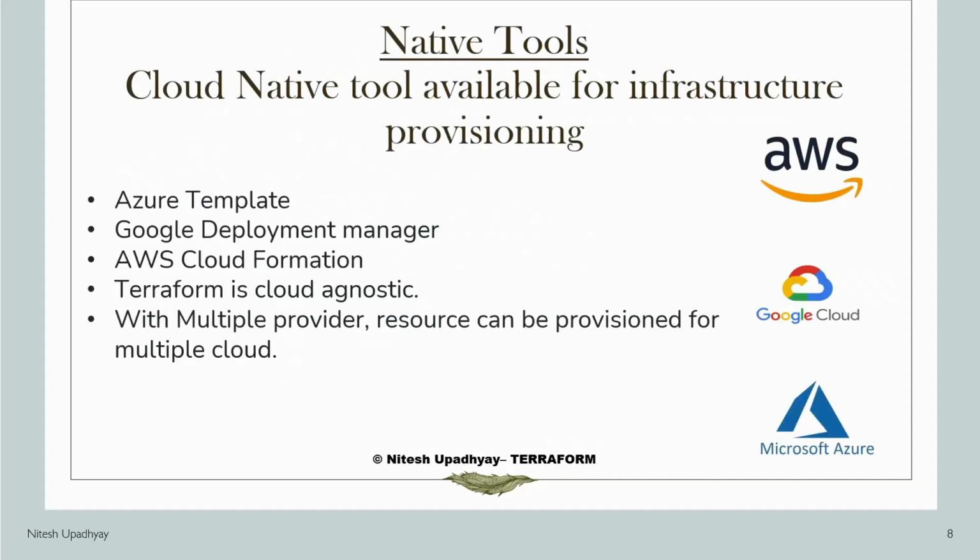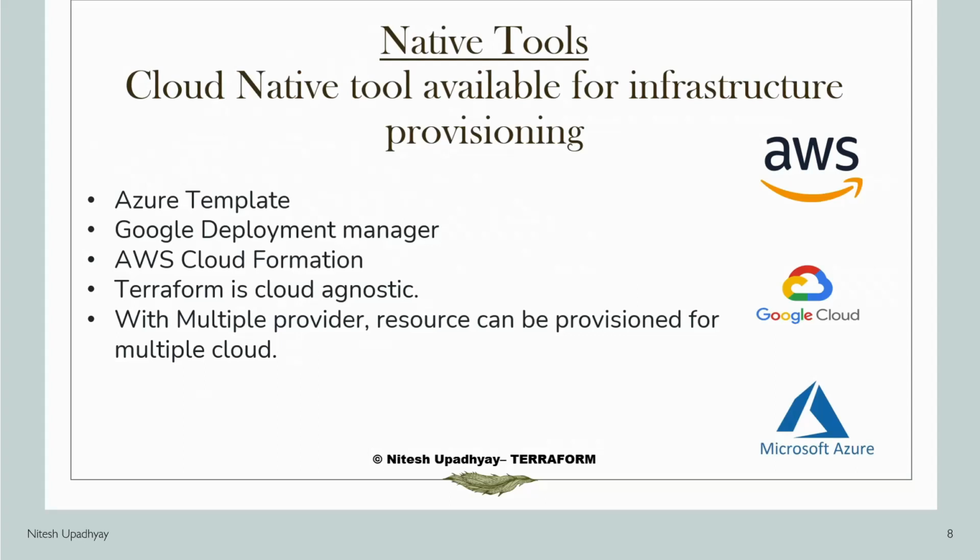Now there are lots of native tools available inside public clouds for infrastructure provisioning. For Azure, we have Azure Template Manager. For Google, Deployment Manager. For AWS, CloudFormation is available. These are all cloud native solutions. So whatever you learn, let's say Deployment Manager for Google Cloud, will not be applicable for AWS CloudFormation. So there is no unifying common approach when you shift from Azure to AWS, or AWS to GCP, or GCP to Azure for infrastructure provisioning.